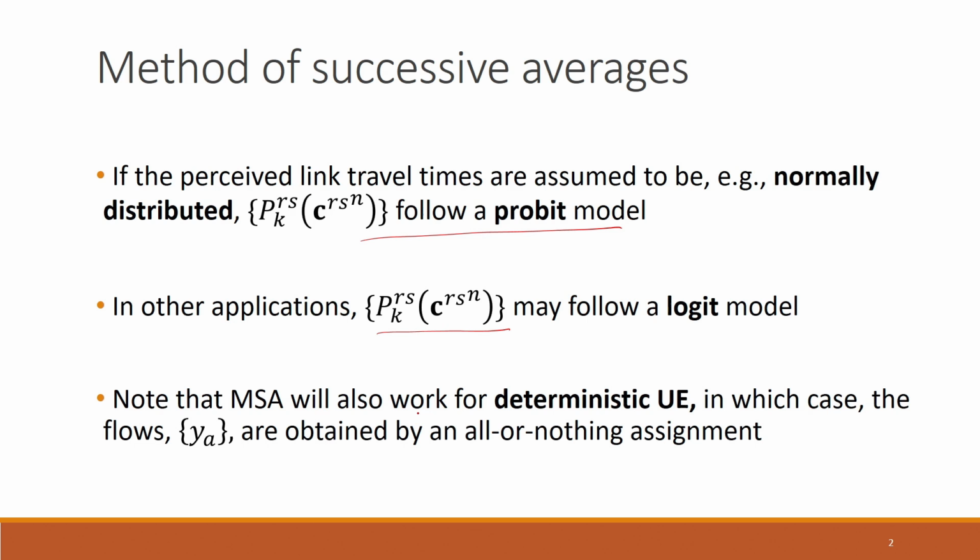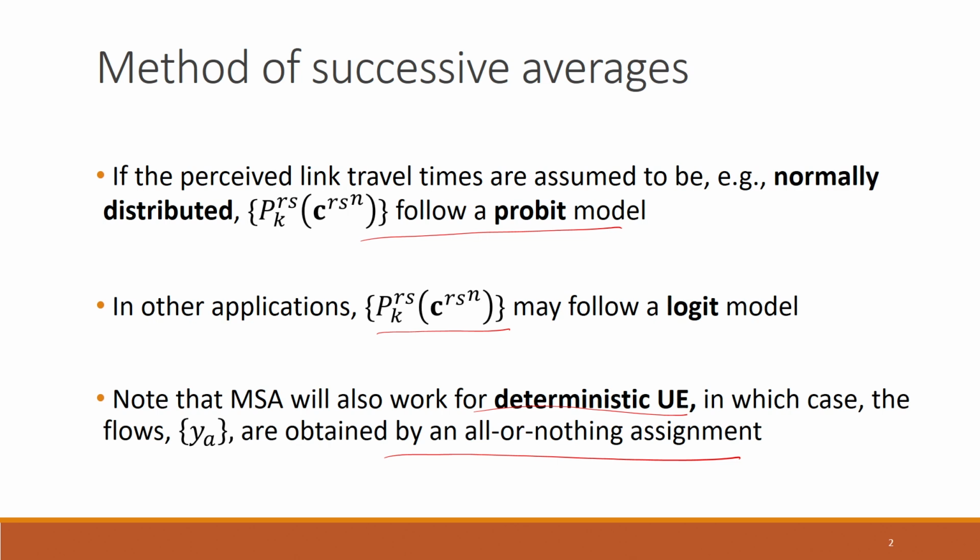Just the only thing is that when we apply the method of successive averages for solving the deterministic user equilibrium problem, in that case, when we will be applying this step of network loading procedure, we will actually be doing all or nothing assignment in that step. Okay, because in this method of successive averages step, we had just mentioned that we use the required network loading procedure given that we have the set of measured travel times.